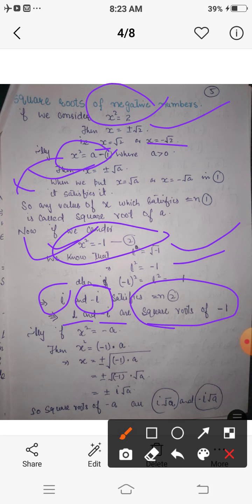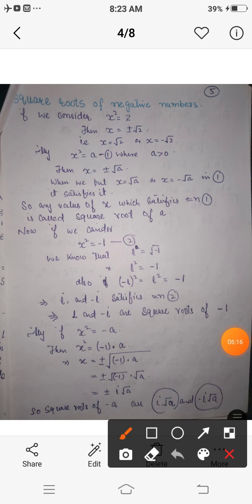Similarly, if we consider the general equation x square equals minus a, then we can write this minus a as minus 1 into a. So here this a becomes positive, which implies that x equals plus minus root of minus 1 into a. You know that for any two real numbers a and b, root of a into b is root a into root b if at least one is positive.